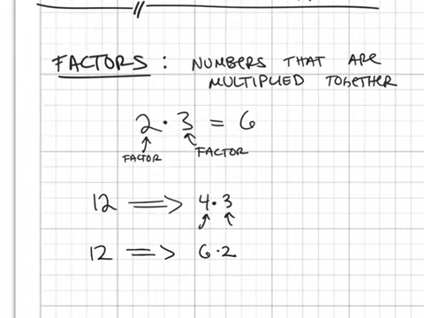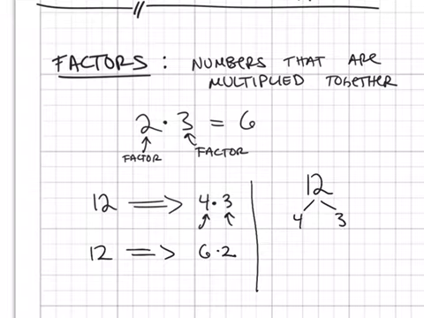Okay? And another way to split the number 12 up would be into, say, 4 times 3, and then to take the number 4 and ask what are the factors inside of 4, and recognize that that's 2 times 2, and then ask are there any factors in the number 3, and be like, wait, there are no other factors in the number 3 except for 3 itself and the number 1.